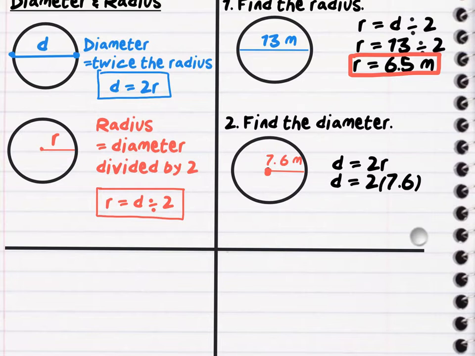For the second row, I'm going to write d equals 2 and then in parentheses 7.6. Then you solve this. You do 7.6 times 2. So the diameter becomes 15.2, and then we label it meters again. Now we box our answer.